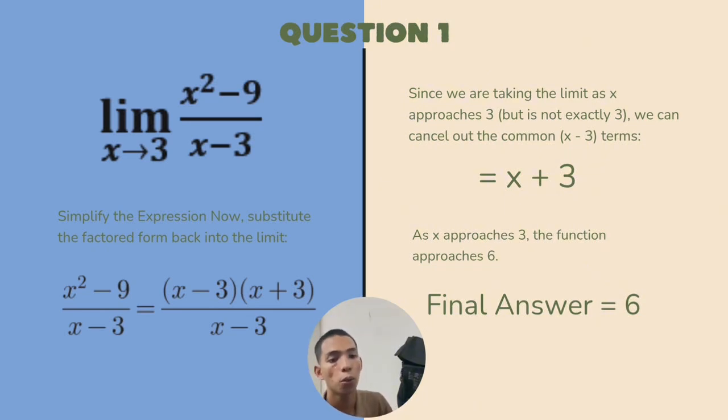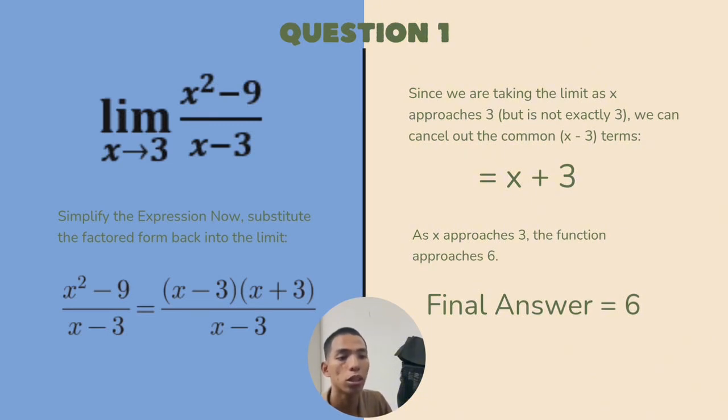First problem, we are asked to evaluate the limit as x approaches 3 of (x² − 9) divided by (x − 3). The numerator can be factored into (x − 3)(x + 3).